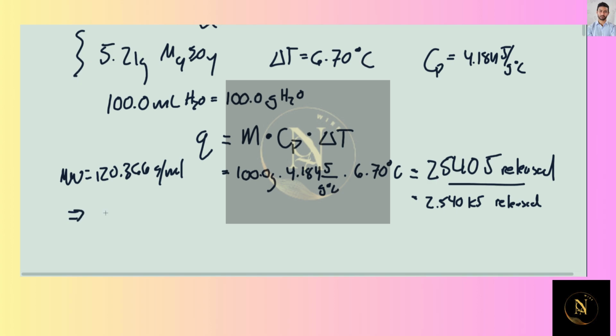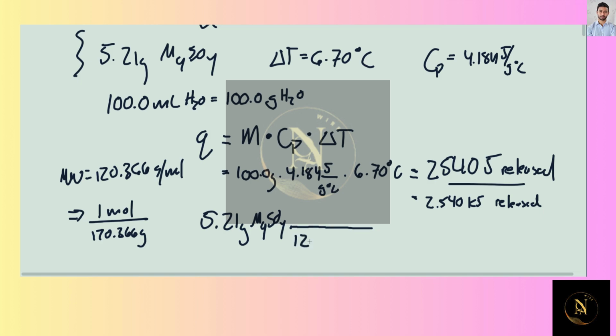Remember that this also implies there is 1 mole for every 120.366 grams. A molecular weight tells us grams per mole, but it also tells us moles per gram. We just need to flip it over. That's more useful because we have 5.21 grams magnesium sulfate, and the way algebra works, we need grams of magnesium sulfate on the bottom of this fraction so that we can cancel the units and get moles of magnesium sulfate.